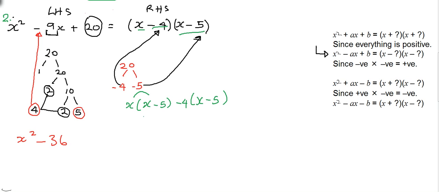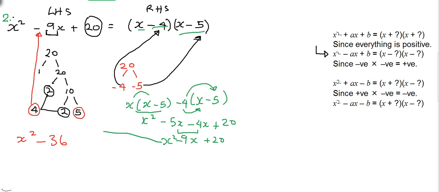That gives me x squared minus 5x minus 4x, and then multiply minus 4 times minus 5. We have to be careful about the signs. Minus times minus gives me plus 20. If I simplify these two, I should get minus 9x plus 20, and then I bring down my x squared, which is exactly the same as the left hand side.